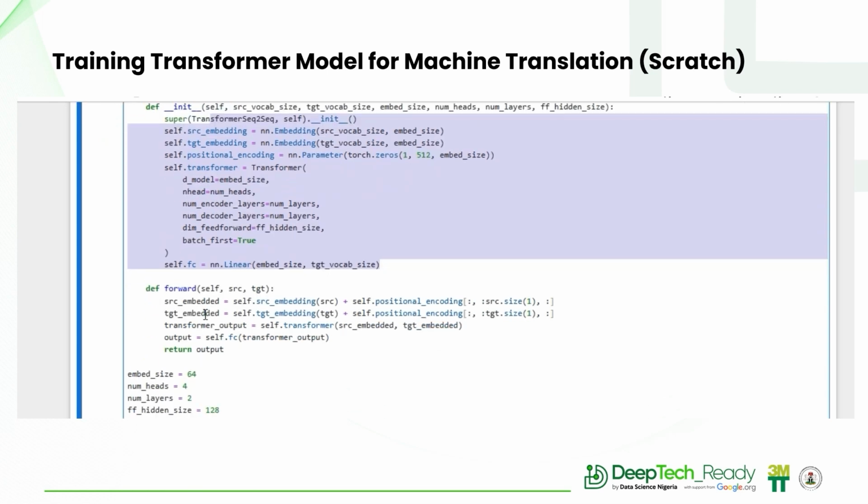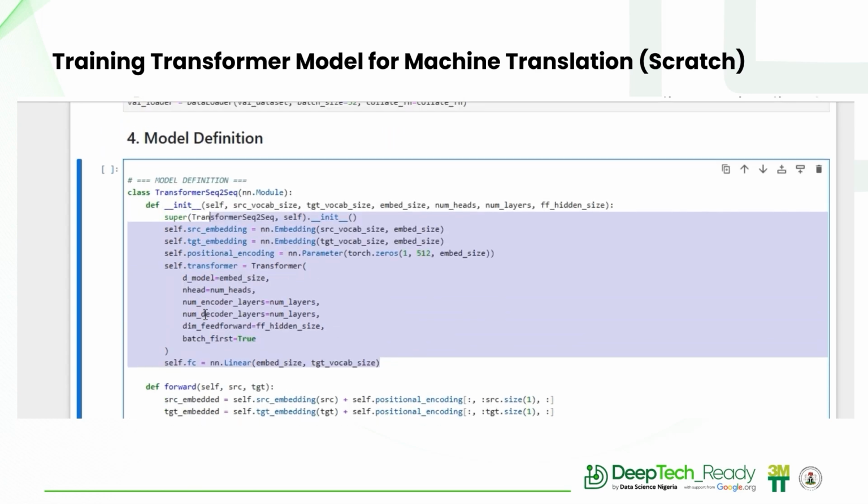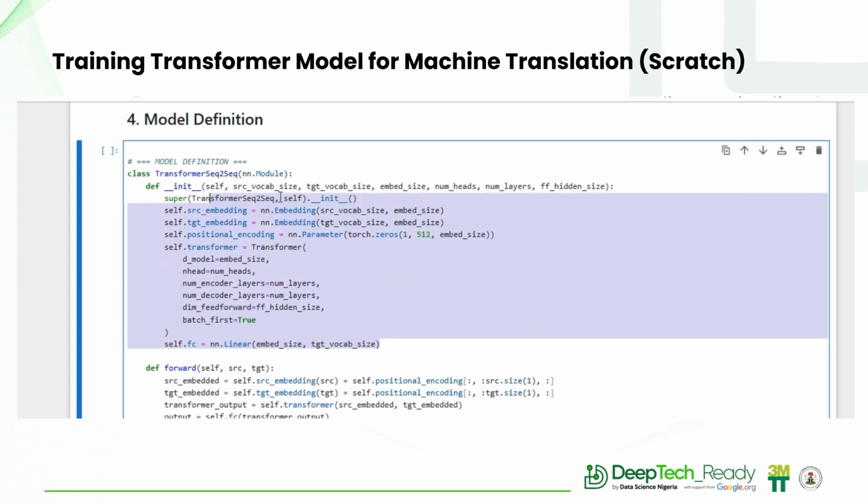And then we also have the embedding layers here from neural network embeddings that convert the word indices into dense vectors, etc. So maybe we can just run this code here.